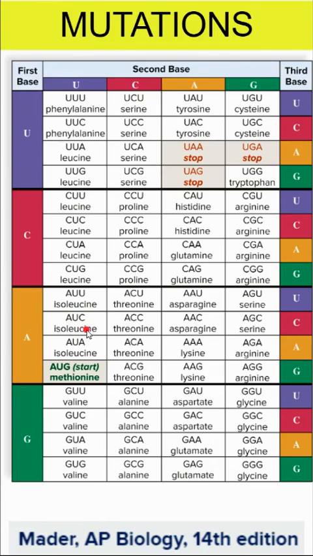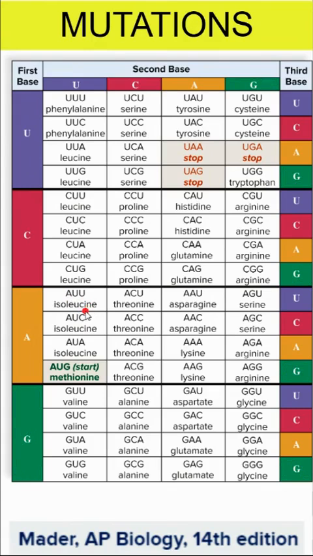But if a mutation happened in the DNA where instead of getting AUC in the messenger RNA, we got CUC in the messenger RNA, we wouldn't get isoleucine, we'd get leucine. Now, that doesn't seem like such a big deal. And if we imagine another scenario here where instead of AUC we get AUU, we don't even change the amino acid, and it would still be isoleucine even though a mutation had occurred in the DNA.